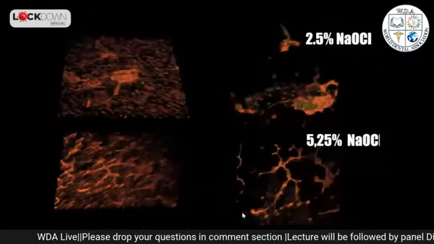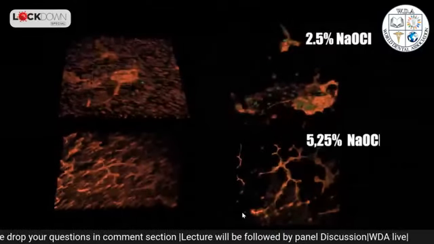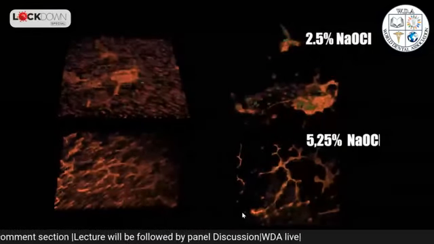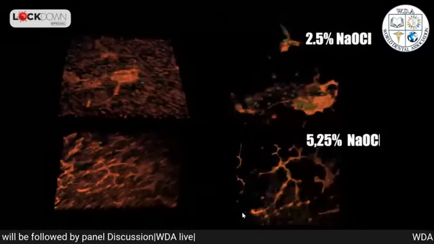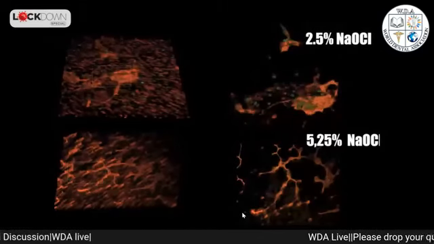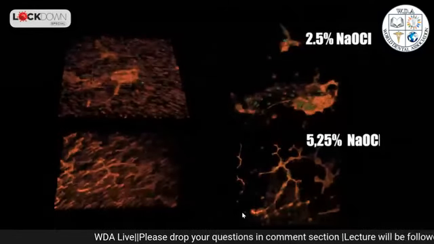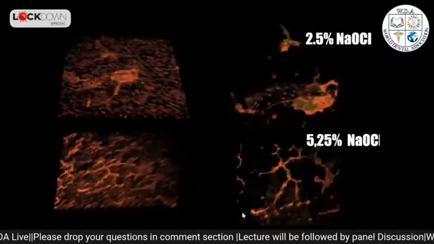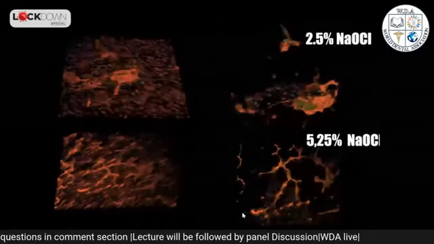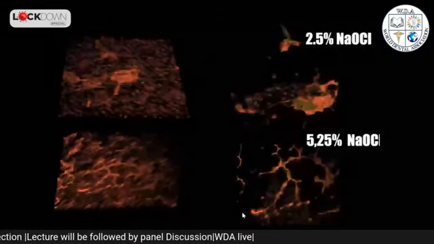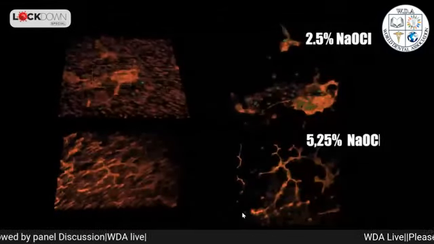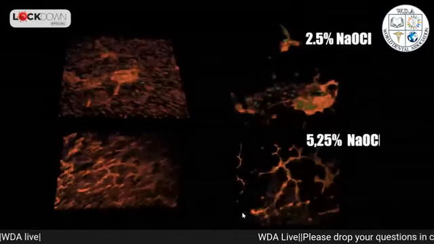We may have some bacteria inside the dentinal tubules, and these bacteria are probably not resistant. The difference is that maybe the sodium hypochlorite concentration at that level was not enough to kill these bacteria. But of course, we can see there's a difference in the amount of biofilm volume when you use sodium hypochlorite or not.